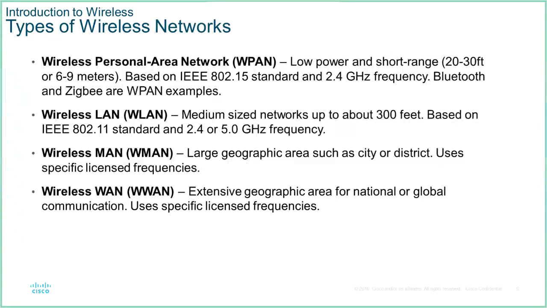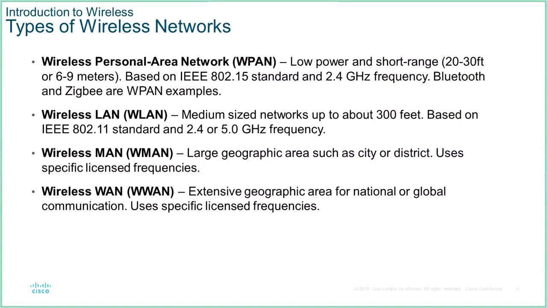So what's the difference between them? Basically, the different standards and the different ranges. So the most common frequency that is used is the 2.4 gigahertz frequency, and our personal area networks tend to be between 5 and 10 meters, depending on the signal strength and interference.